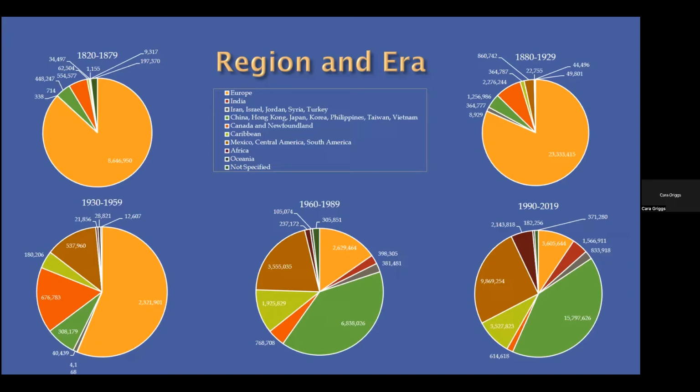Just as a disclaimer, these numbers are not exact. Immigration data was not compiled for every country starting in 1820, and borders changed over time. You can see that India is by itself representing South Asia. There was not a breakdown of other South Asian countries, so that's why it is by itself, for example.